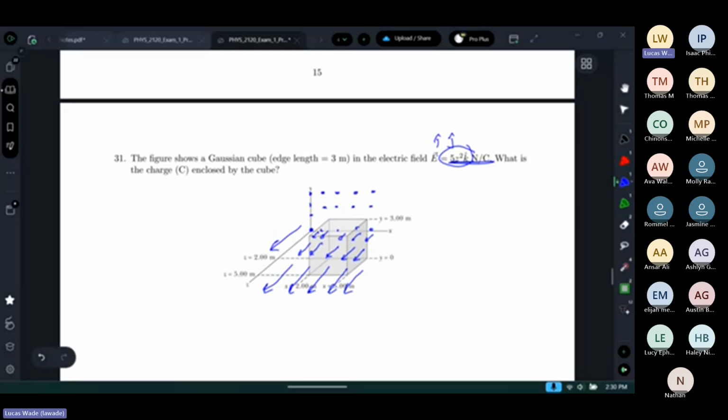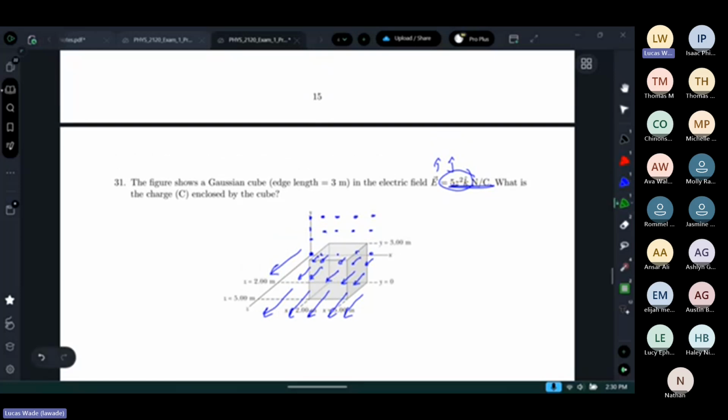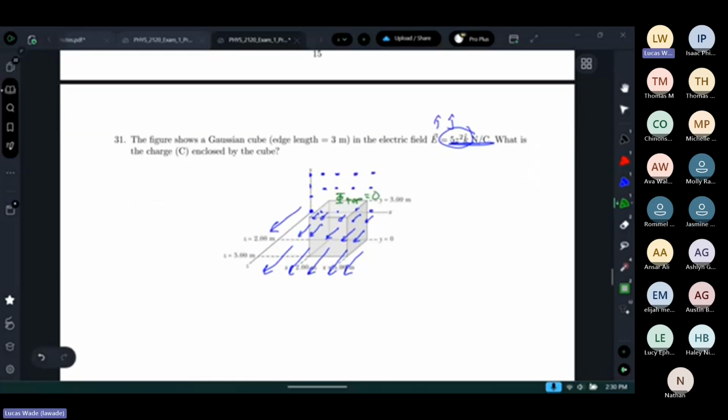So let's start with the easy ones. Let's look at top and bottom. What do we expect for the flux through the top face of this cube? 0. 0, because the field lines are just grazing that. And if you're not sure why, let's imagine a side view of this. So this is your eye. You're looking on this side of it. You would see the cube, and the electric field lines would look like this.